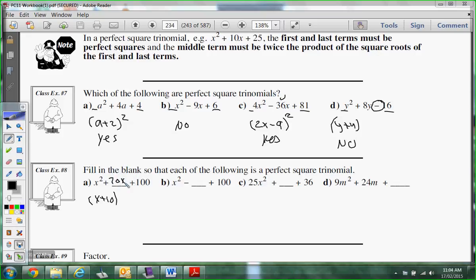Okay, Evan, you want to take a shot at B? Yeah, minus 20x. The only difference is a minus. Same, good. Wes, you want to try C?